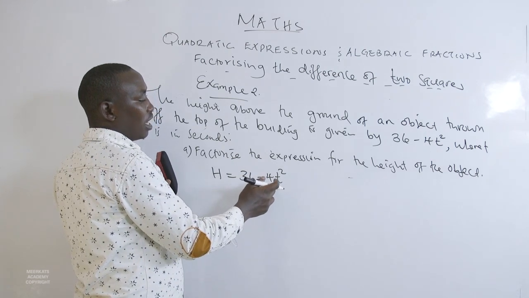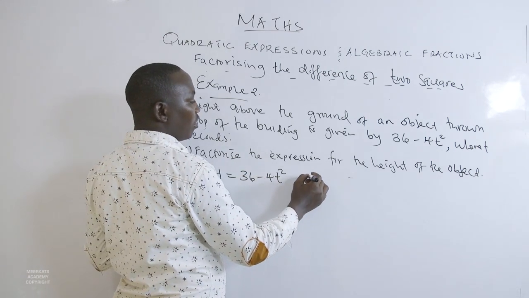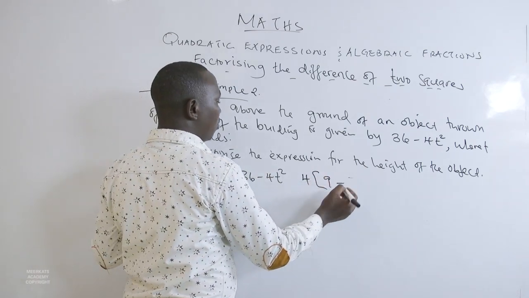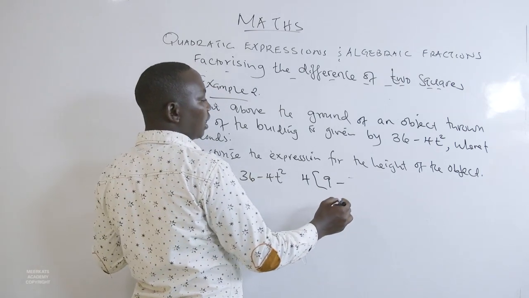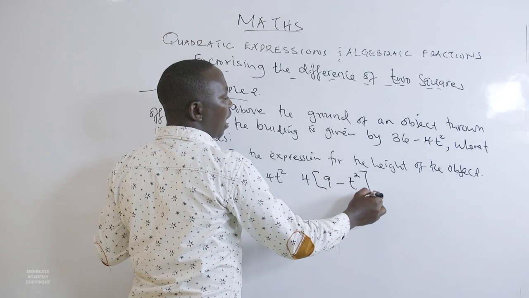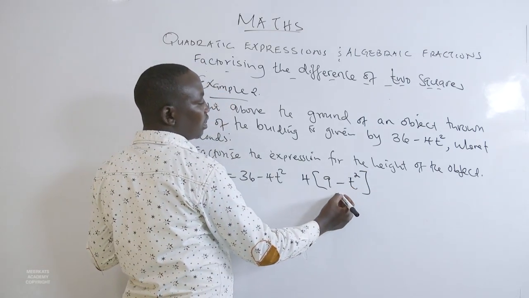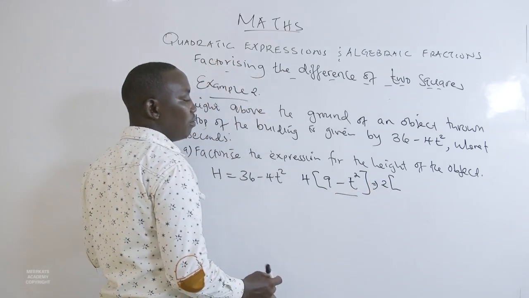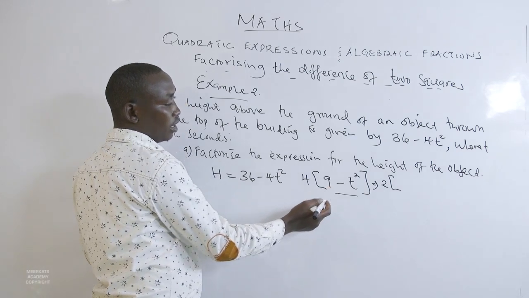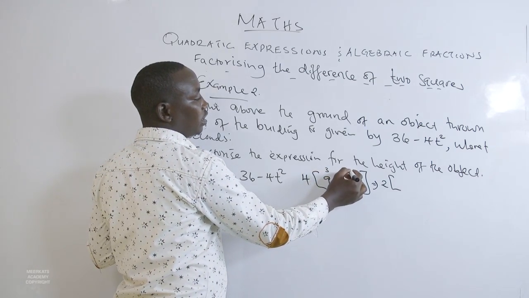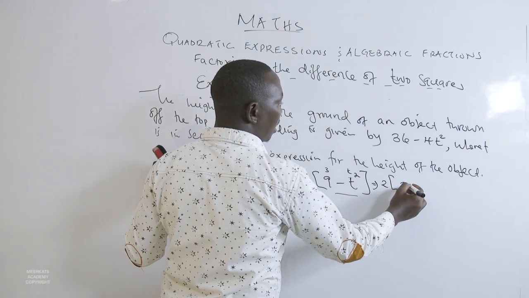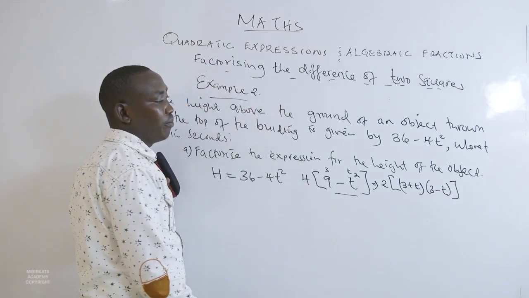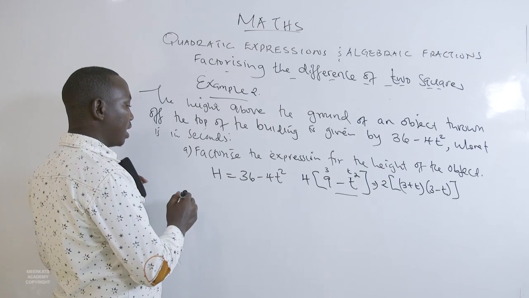You can see that for 36 and 4, we have 4 as the highest common factor. So 4 goes into 36 9 times, and 4 goes into 4t squared t squared times. This leaves us with a difference of 2 squares, which you can now easily factorize. The square root of 9 is 3, the square root of t squared is t. So that will be 3 plus t multiplied by 3 less t. So we have been able to factorize.